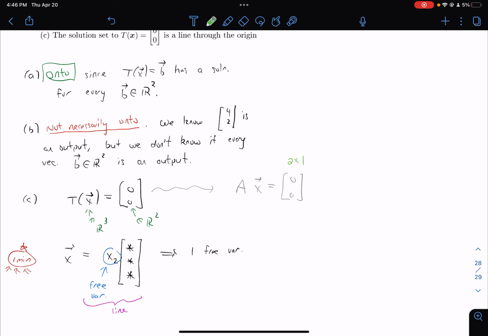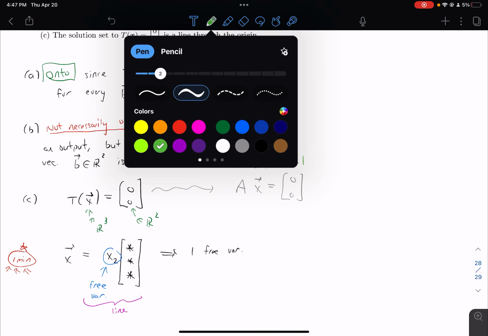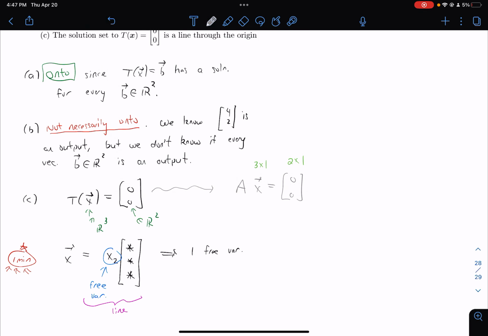The vector x I'm plugging in is 3 by 1, it's got 3 rows. So for that to work out, A has to have the same number of columns as x has rows, and A would have to have 2 rows.